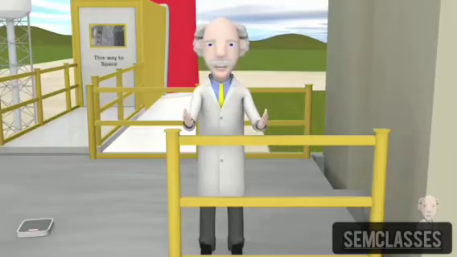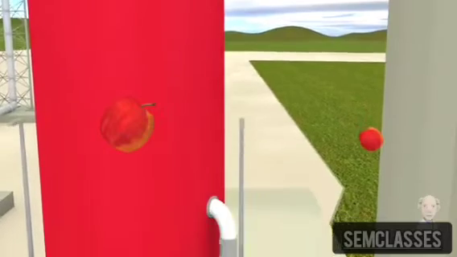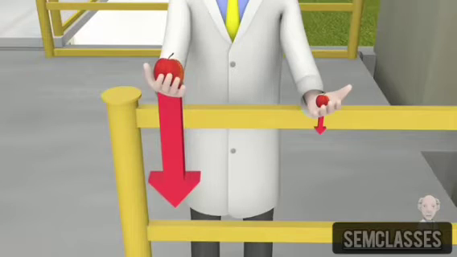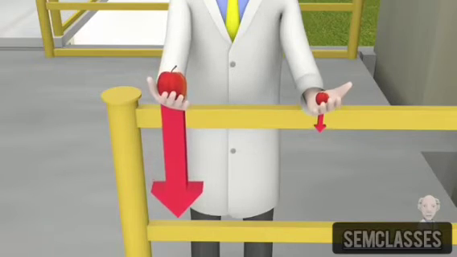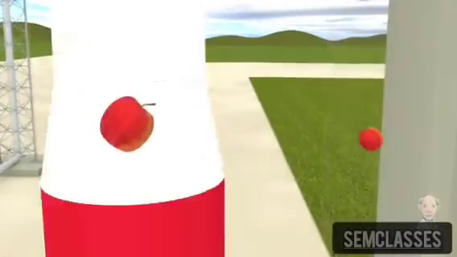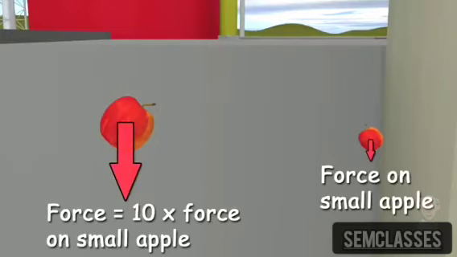So what happened? Well, the amazing fact is that all objects accelerate at the same rate due to the gravitational attraction of the Earth. Heavy objects and light objects all drop at the same rate. Why is that? Well, in the case of the apples, the large apple has a force on it which is 10 times larger than the force on the small apple.